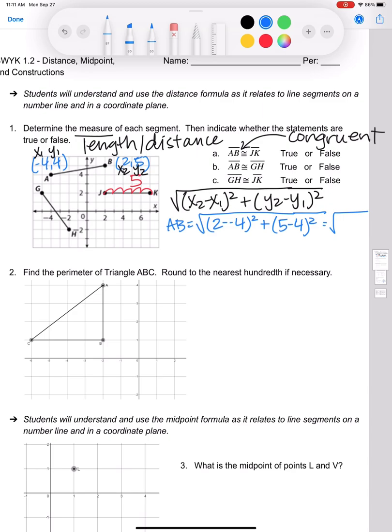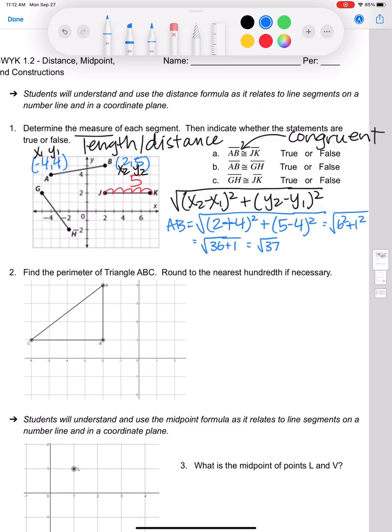When I work this out, I get 2 plus 4 is 6. I still need to square it, and 5 minus 4 is 1, which will be squared. Working these out, I get 36 plus 1, and that is still under the square root. Add them together, and I get square root of 37.